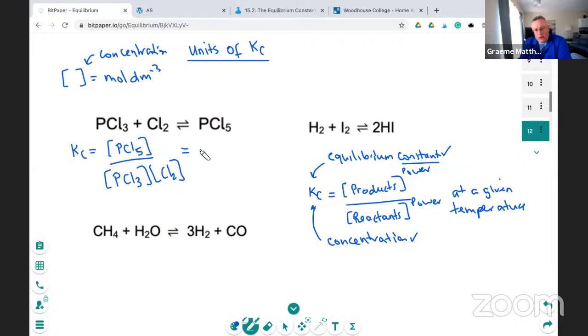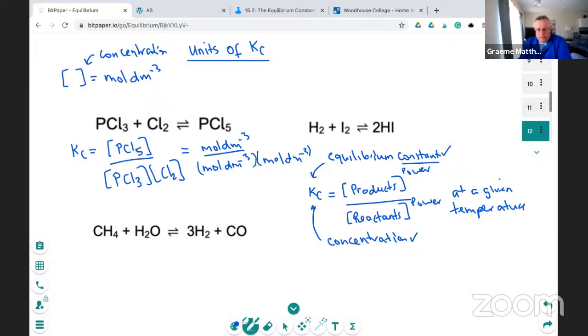And so I've got moles per decimeter cubed up the top. And on the bottom, I've got moles per decimeter cubed for the BCl3. And I've got moles per decimeter cubed for the CO2.